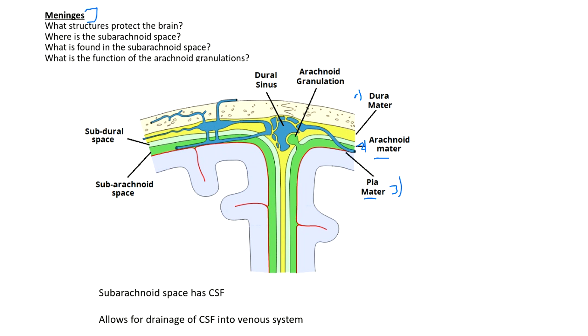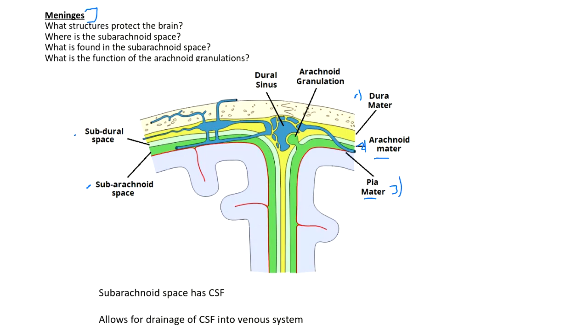And in between these layers, you have spaces. So between the dura mater and the arachnoid mater, you have the subdural space. And then between the arachnoid mater and the pia mater, you have the subarachnoid space.